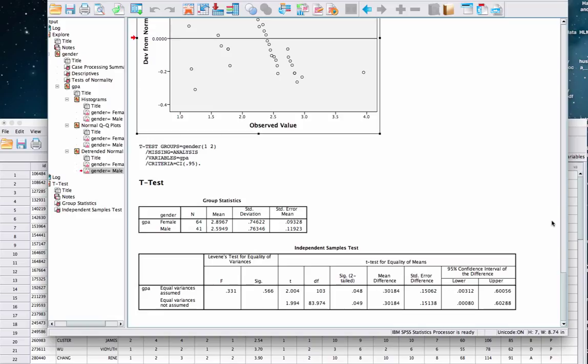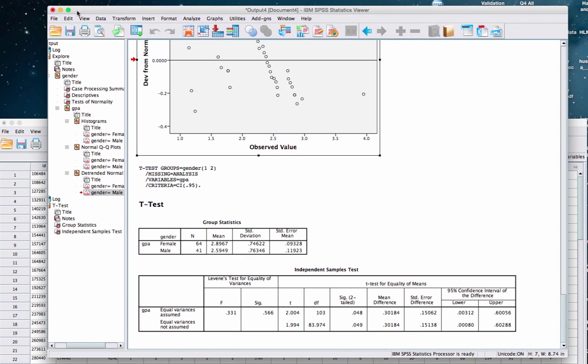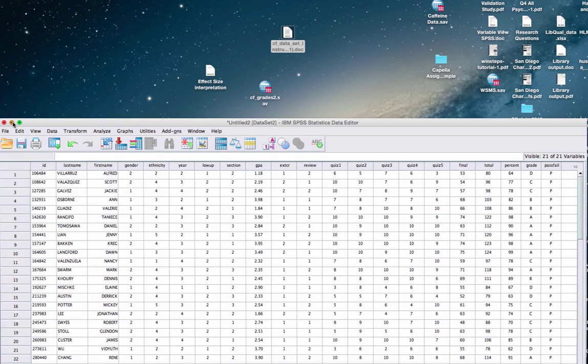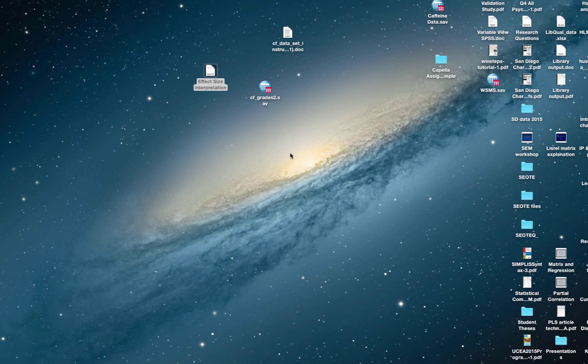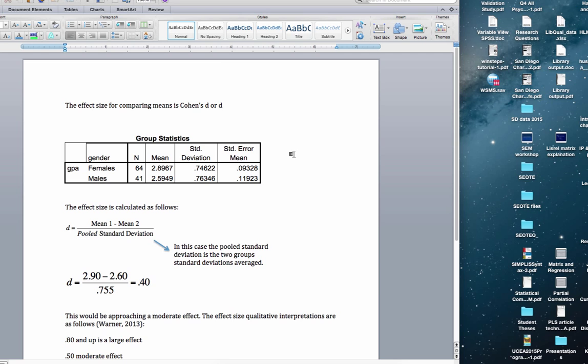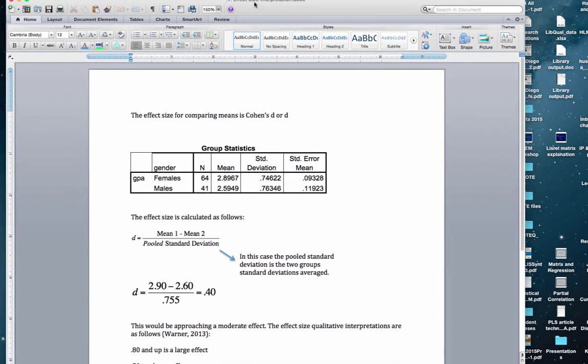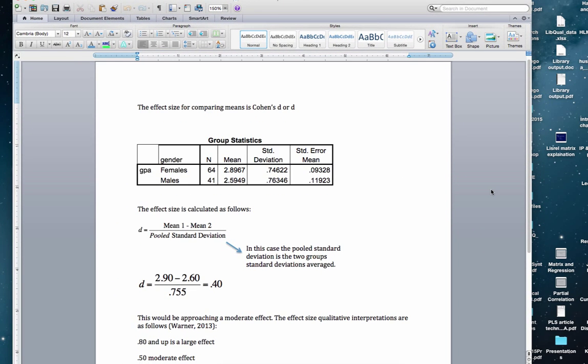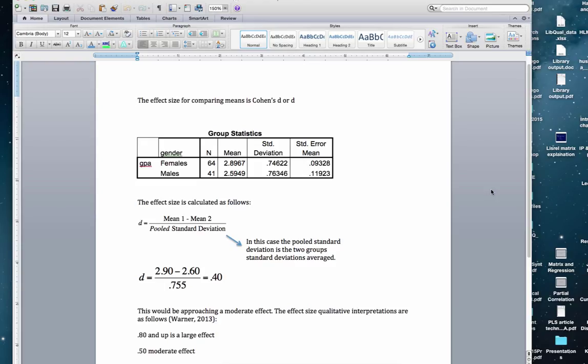Now, an important part of the analysis that you're asked to report is the effect size. So I'm going to show you how to do that right now. If you look at your output for your independent samples t-test, you'll see that the mean for females is 2.896, the mean for males is 2.594.